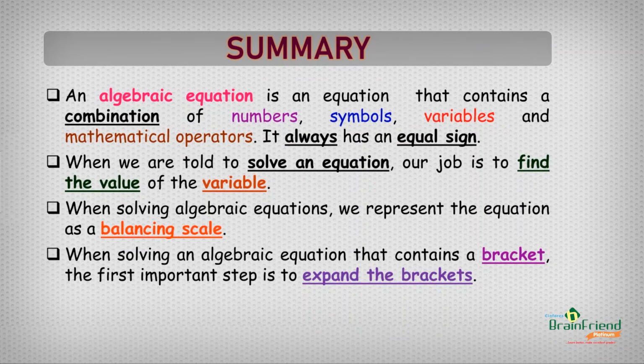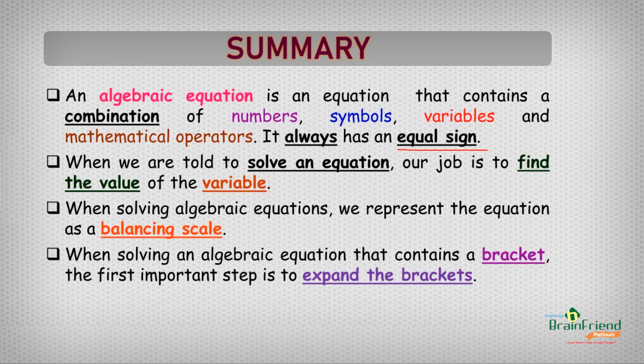Having solved all these examples, we have come to the end of this lesson. But before we go, let's take a look at a quick summary of what we have learned so far. We learned that an algebraic equation is an equation that contains a combination of numbers, symbols, variables, and mathematical operators, and that they always have an equal sign.